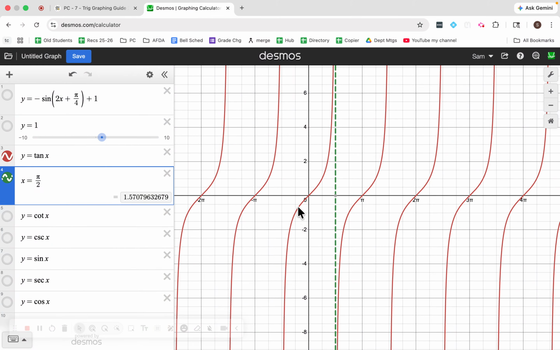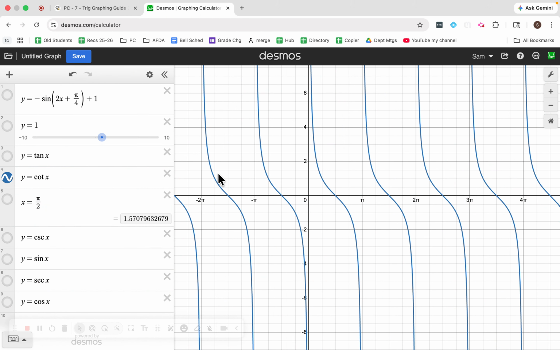The value is -1. At 0, it's 0. At positive pi/4, it's 1. But then it just climbs to infinity as x gets closer and closer to pi/2. So that's tan.